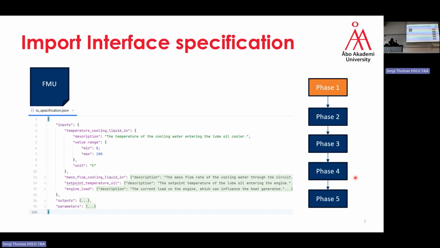It also has the expected value ranges for the inputs and the outputs, given that this information is present in the model description XML. We also have a technique to extract this information from a specification document using natural language processing techniques.